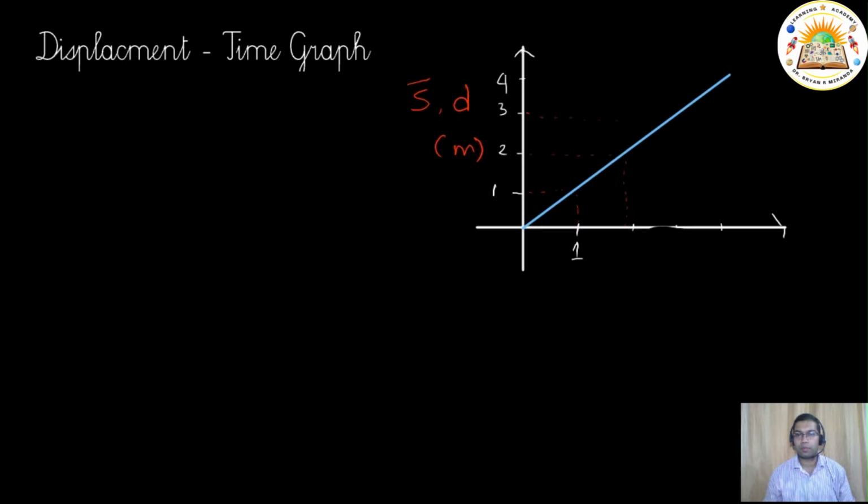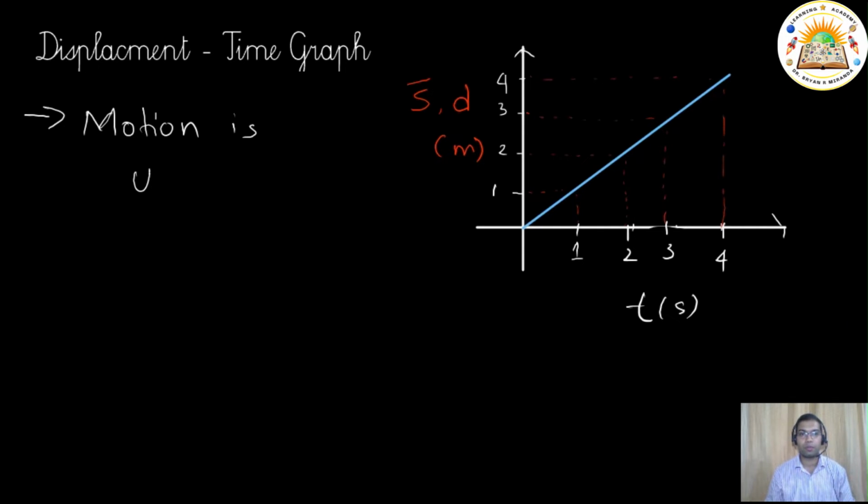From 3, I can drop a perpendicular. From 4 again, I can drop a perpendicular. So this is going to be 2 seconds, this is 3, this is 4. You can see that with increase in time, the displacement is also increasing. So this graph is an indication that the motion of the body is uniform.